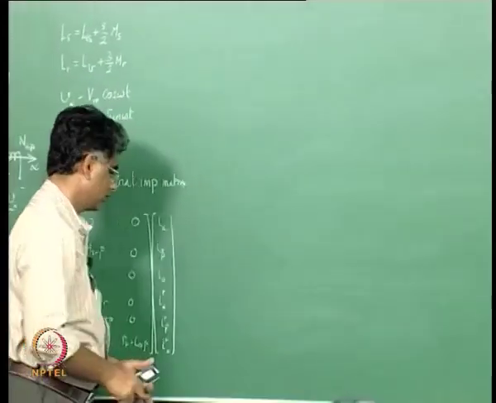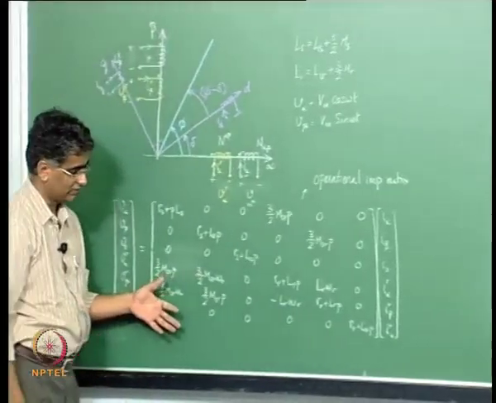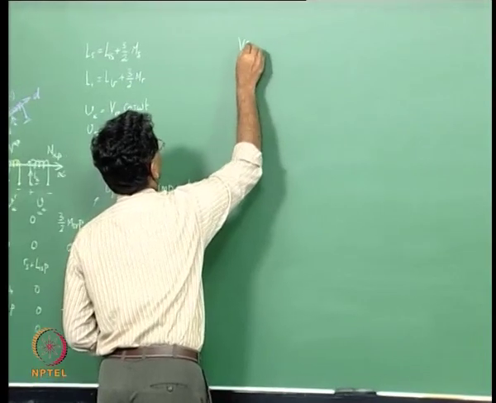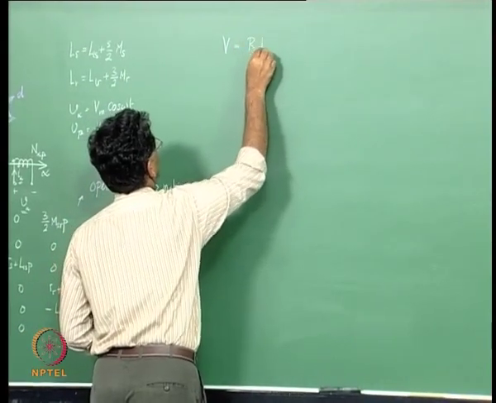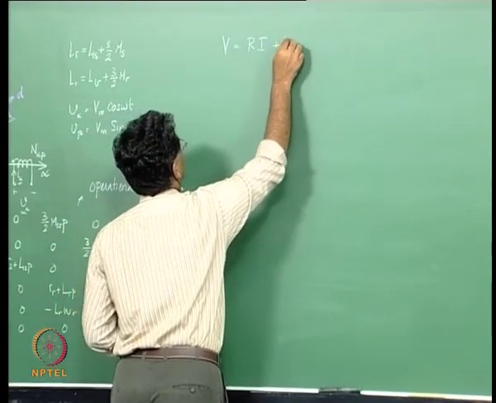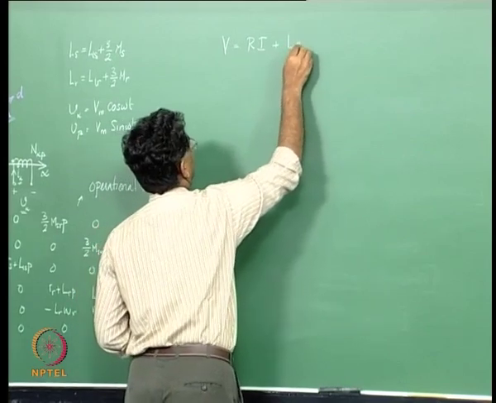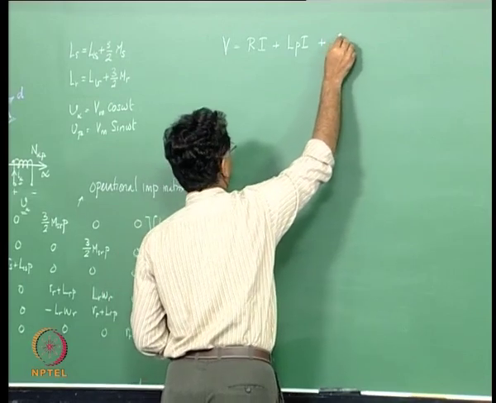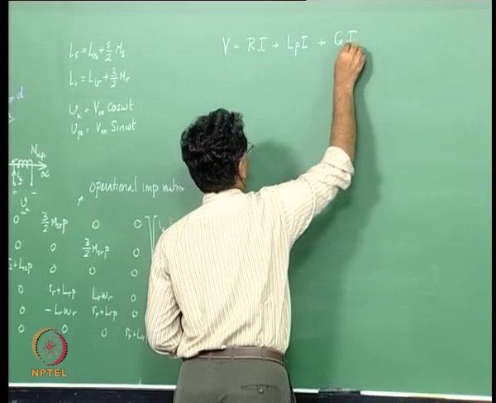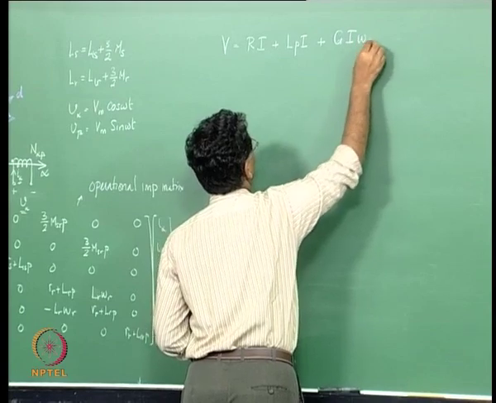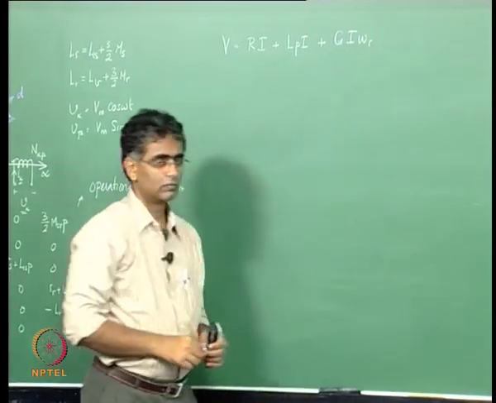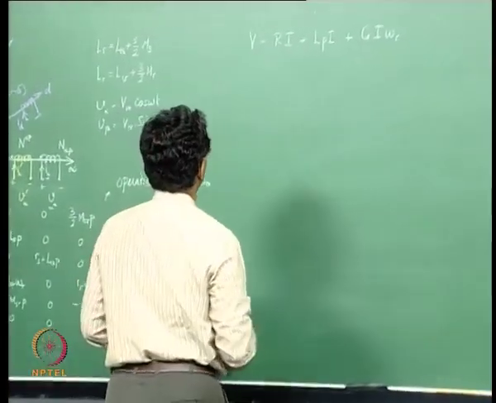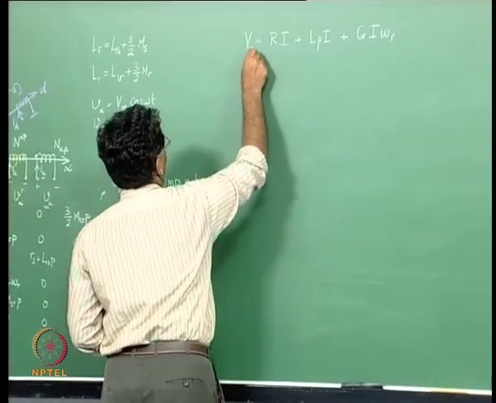As you would have seen many times, this equation can be written as V equals R into I plus L into P I plus G into I into omega R. That is our expression. All these are in the alpha beta frame.